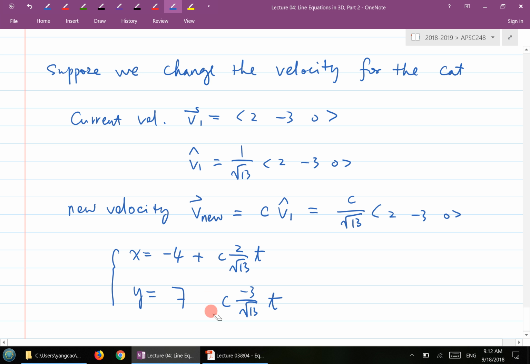So let's just put a minus here. So this is the new parametric equation, the new updated motion for the cat.